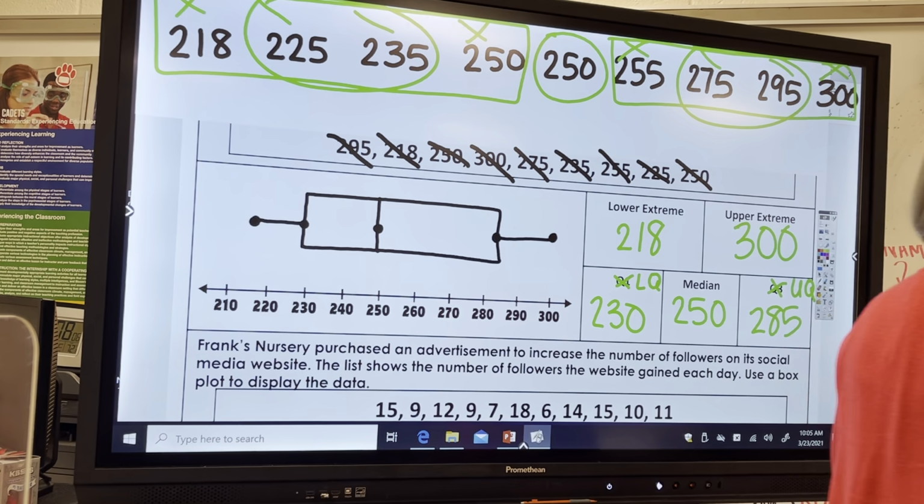Which quarter is spread out the most? Which one spread out the most, Emily? Quarter 3. We've got 1, 2, 3, 4, and this one is spread out the most. Okay.